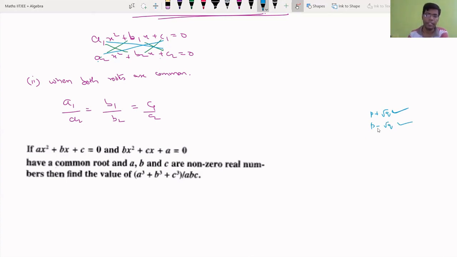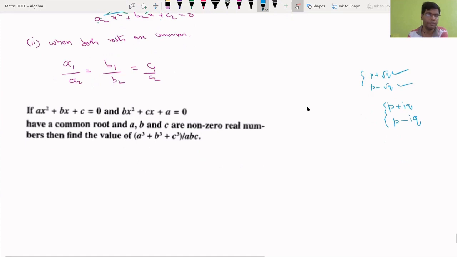Okay. And the same thing applies when the roots are complex. If he says that p plus iq is a common root of two equations, then that means p minus iq is also a common root. That means instead of considering the condition that only one root is common, we have to consider that both the roots are common for that particular equations. Okay, because again, irrational roots and complex roots always occur in pairs. So if one root is common, that means other root also must be common for both of them.